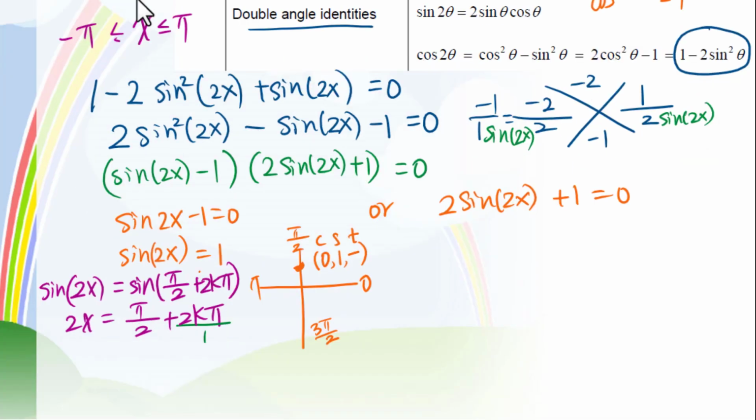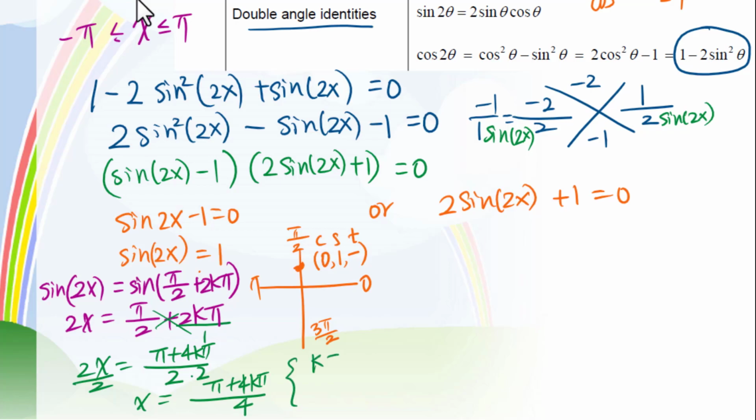We put this together, 2x equals pi plus 4k pi over 2, divided by 2 on both sides, x equals pi plus 4k pi over 4.